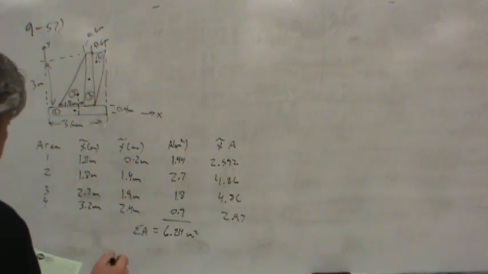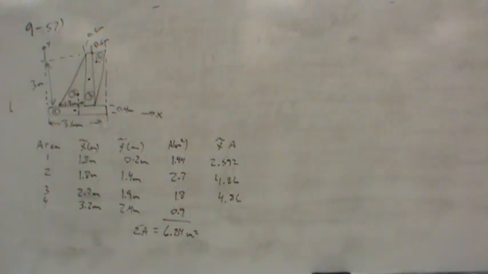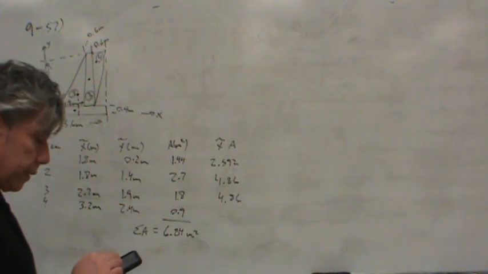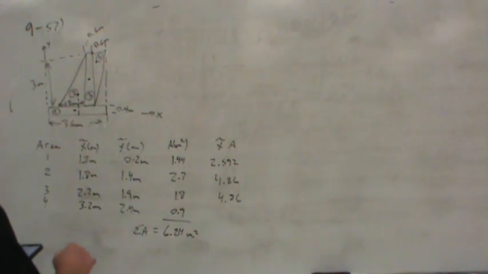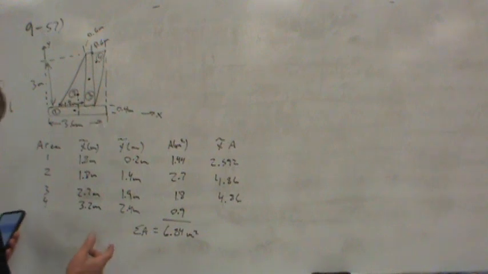Now, we've got to be careful because remember I made a mistake here. So 2.97 would be the wrong number. I'll get my calculator and correct the number. Let's see. So I need x bar 3.2 times 0.9. Actually, I can do that in my head.